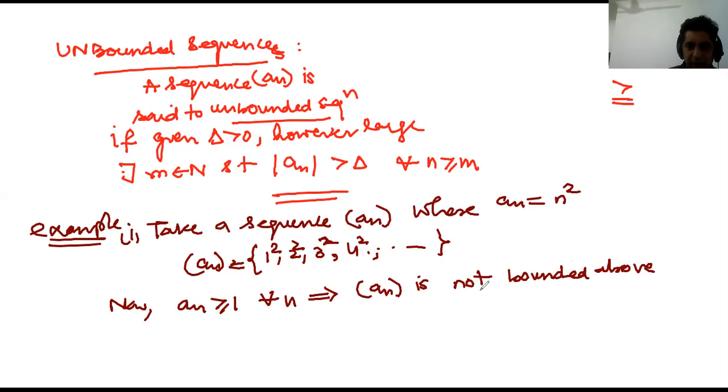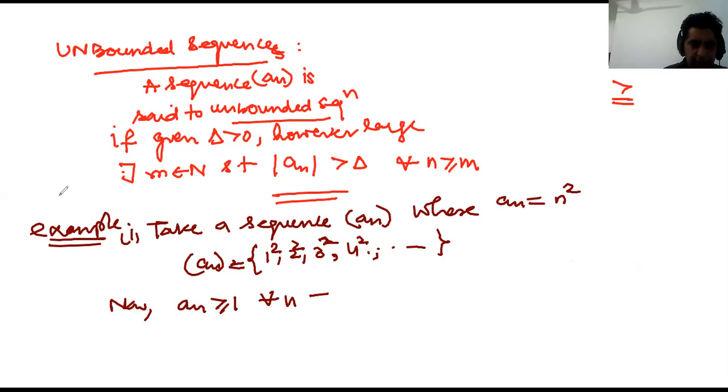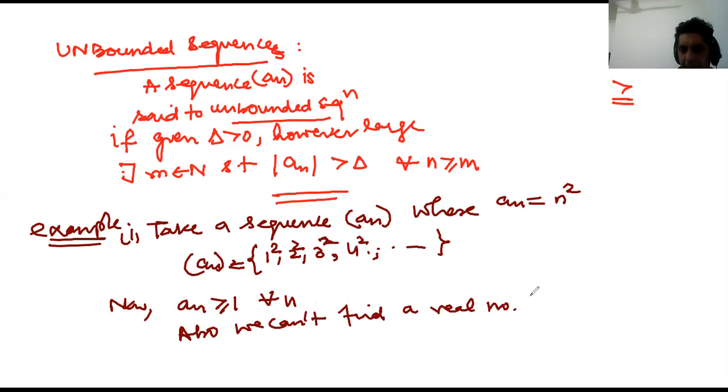Moreover, if you are not satisfied with this, we can do a little more practice here. Now we know that we cannot find a real number k such that an is less than k.